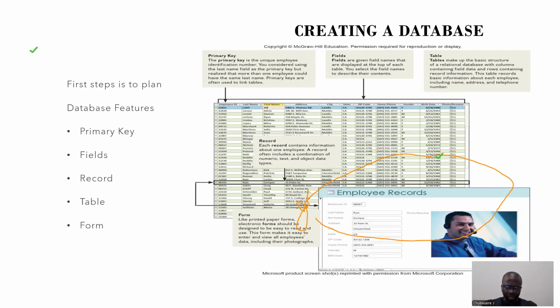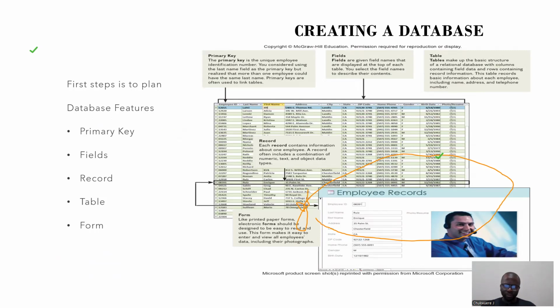The record is the name, the home address, the city, and so many others. So all those attributes that identify you as that person with that very ID number, your first name, your last name, your gender, your phone number, all these things are what are records.